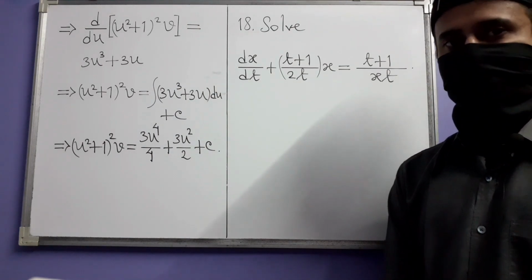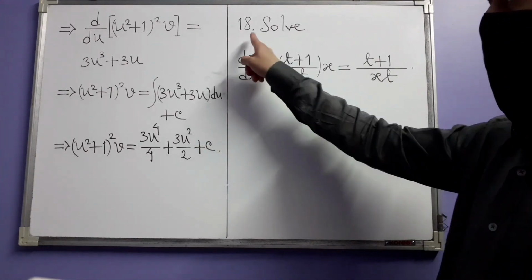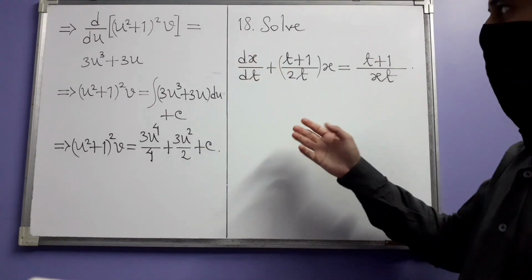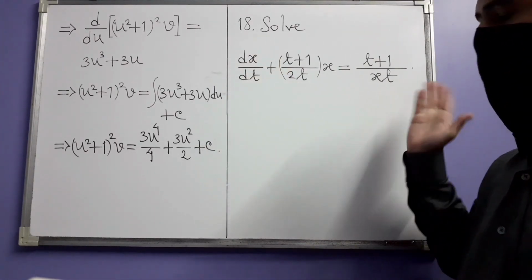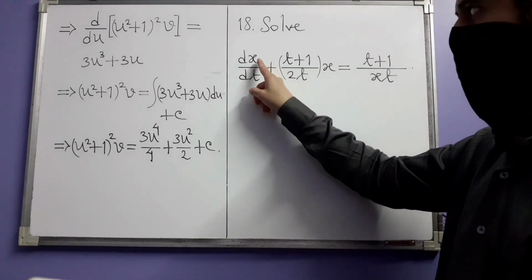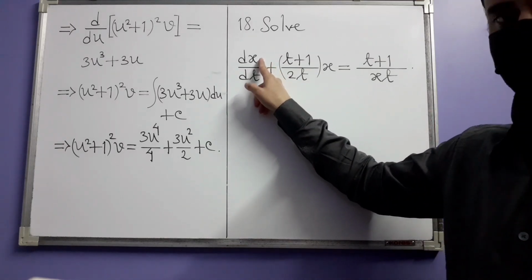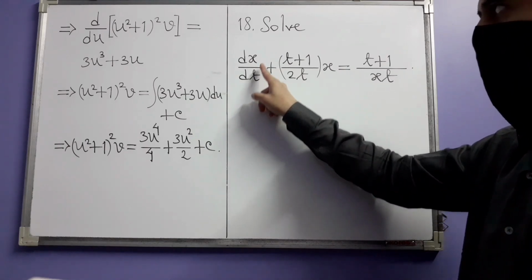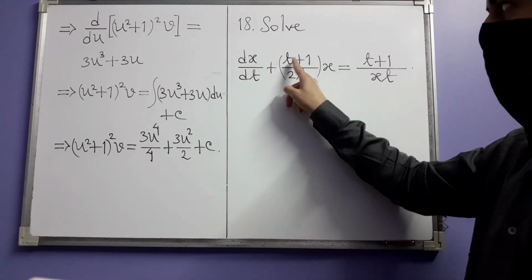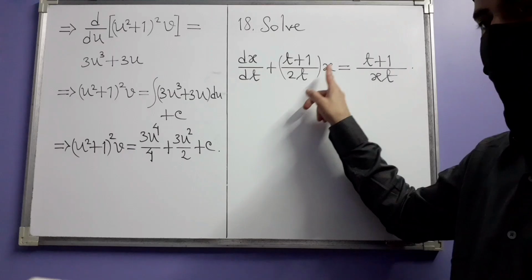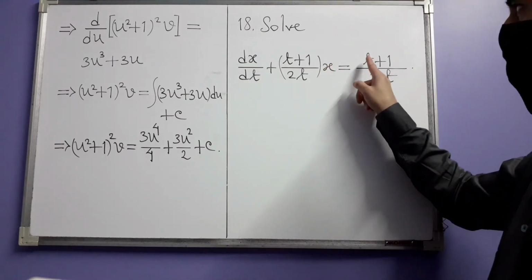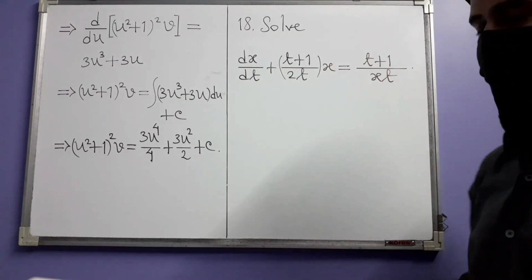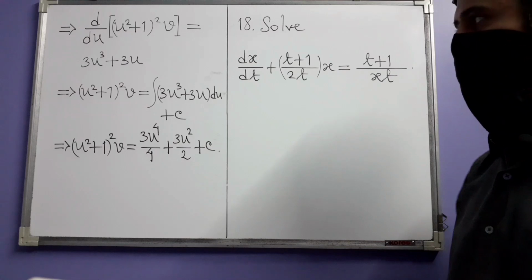Next, let us jump and straight away see number 18. Here we have to solve the following equation, where the unknown function or the dependent variable is x and the independent variable is t. dx/dt plus (t plus 1) over 2t times x equals (t plus 1) divided by xt.